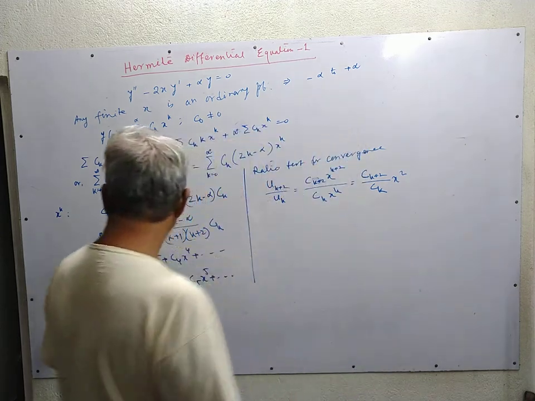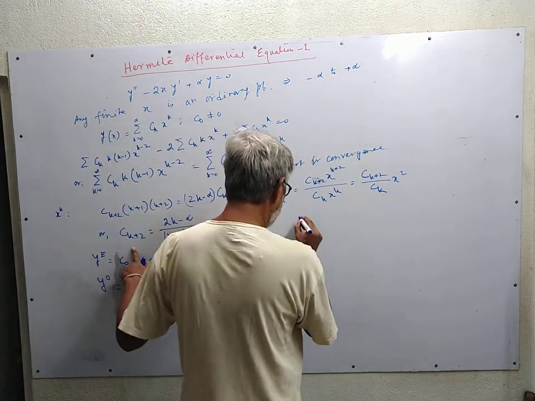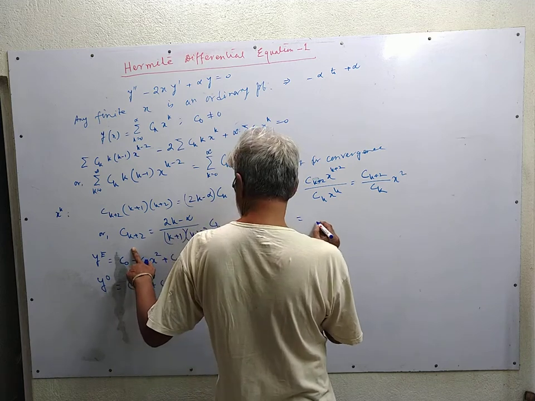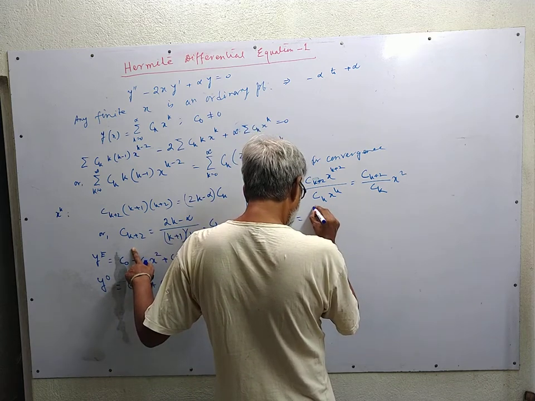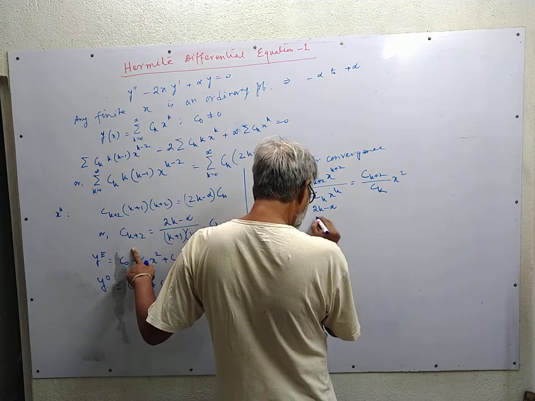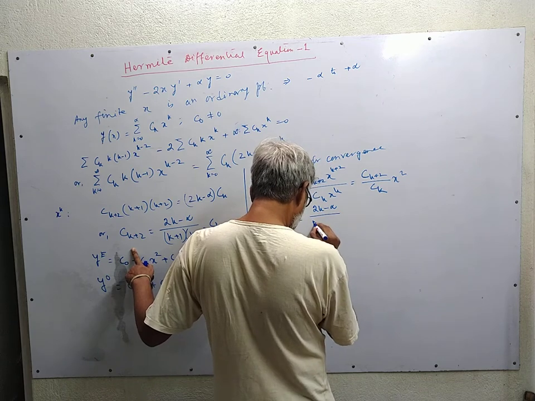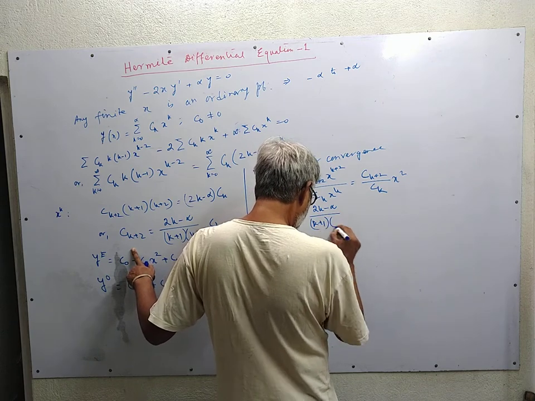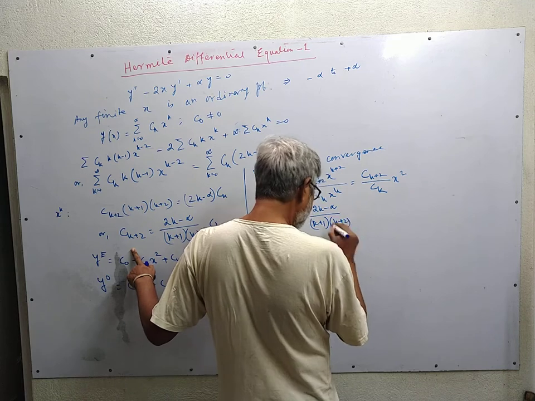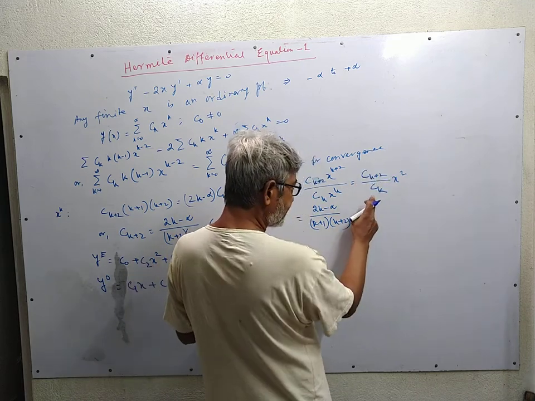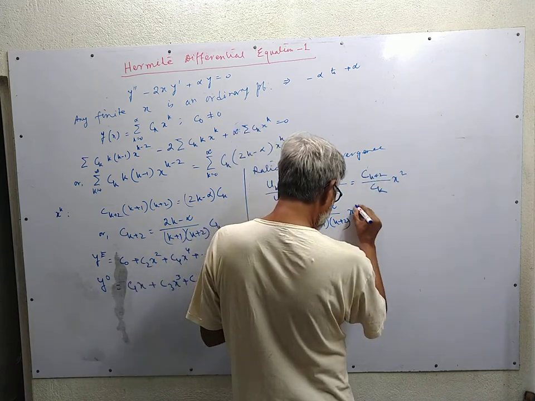If we use this relation, then we get it as (2k minus alpha) in the numerator. In the denominator we have (k plus 1) into (k plus 2). This is for c_(k+2) by c_k times x square.